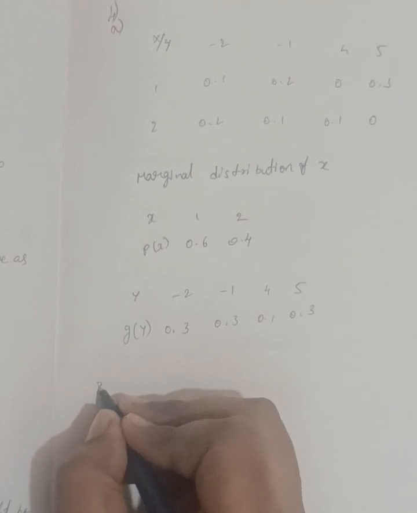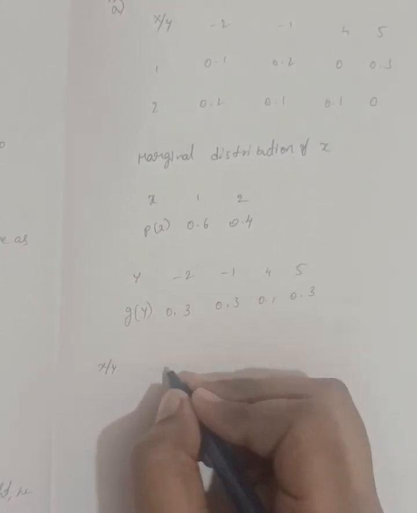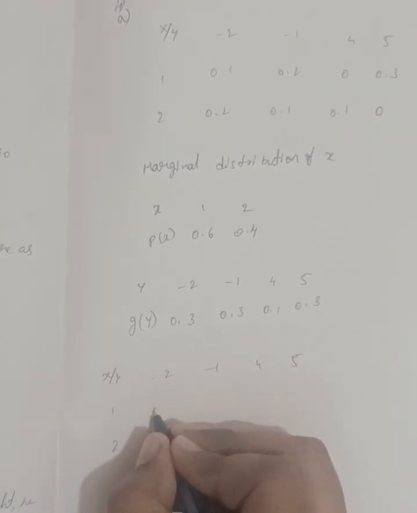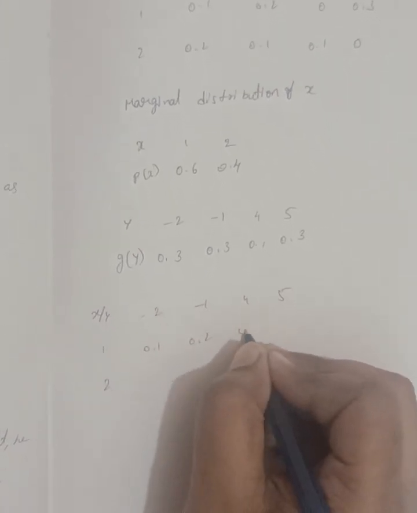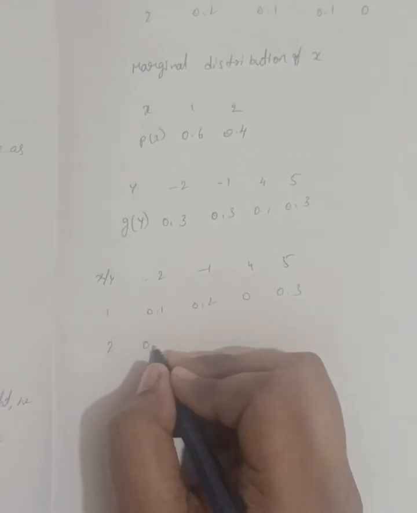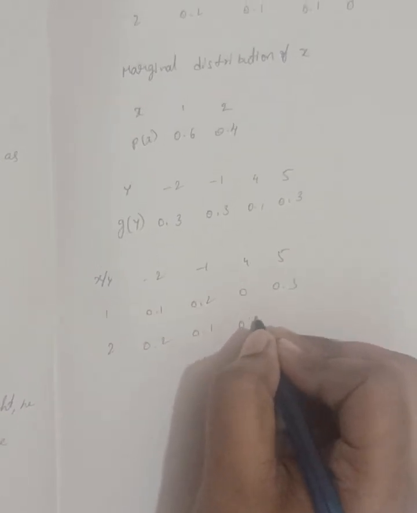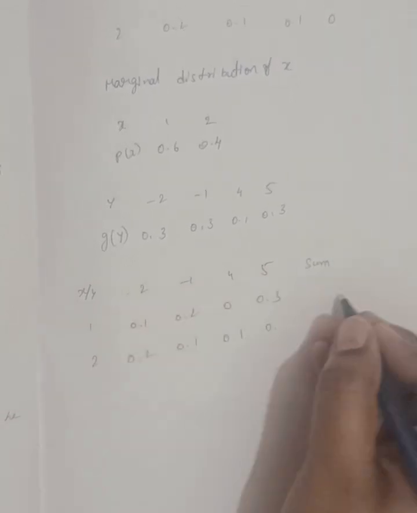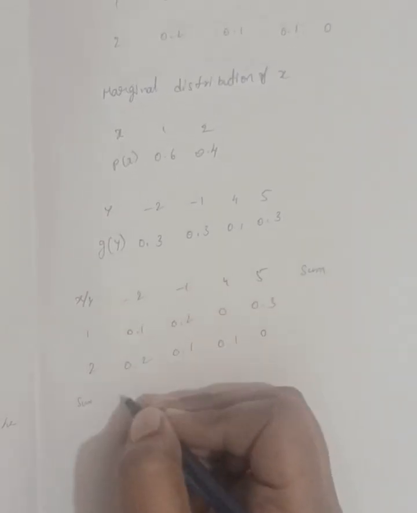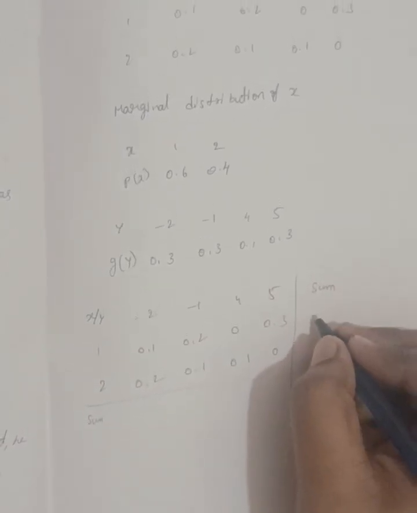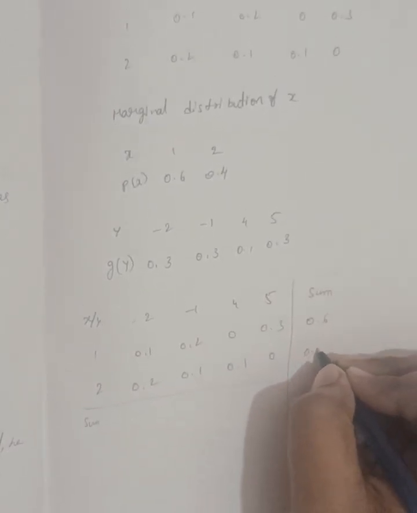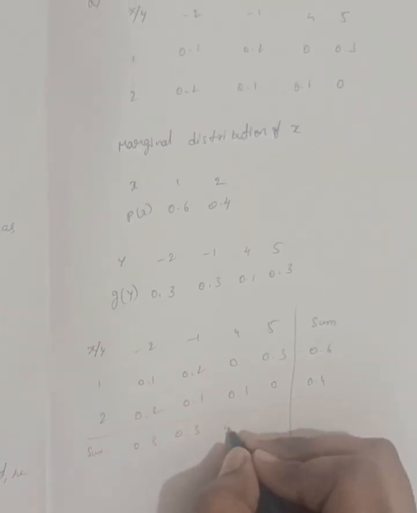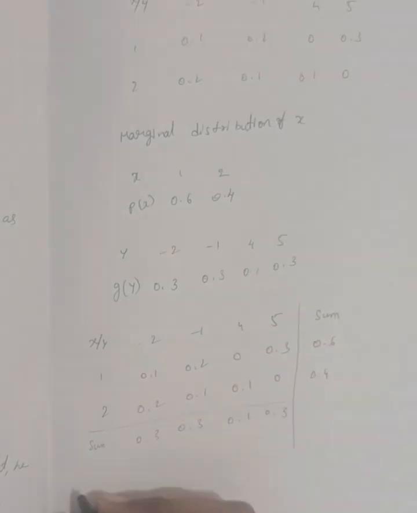Then the table becomes Y values -2, -1, 4, 5 and X values 1, 2, with 0.1, 0.2, 0, 0.3, 0.2, 0.1, 0.1, 0. Here we take the sum of these rows, 0.6 and 0.4, and the sum of these columns, 0.3, 0.3, 0.1 and 0.3.